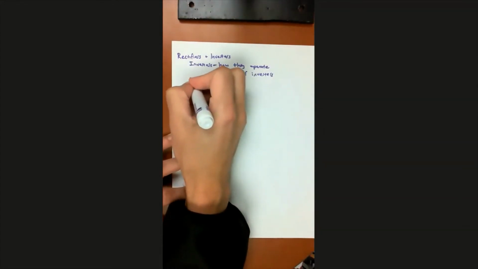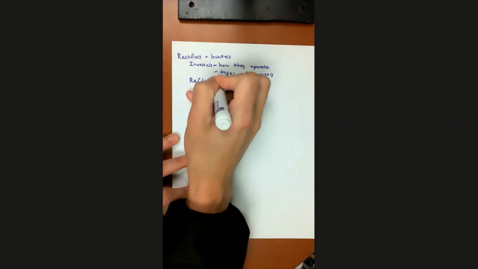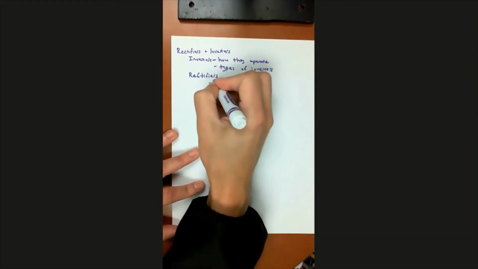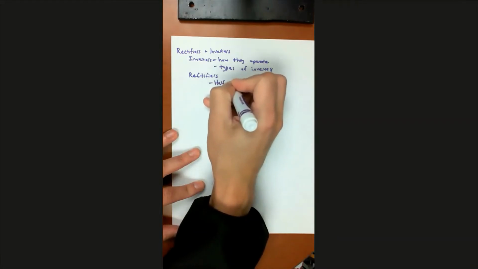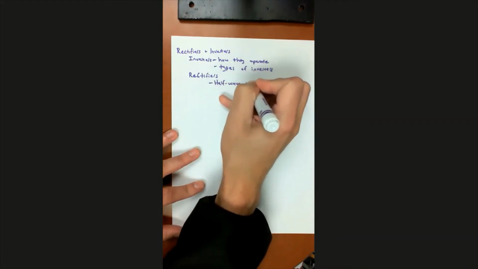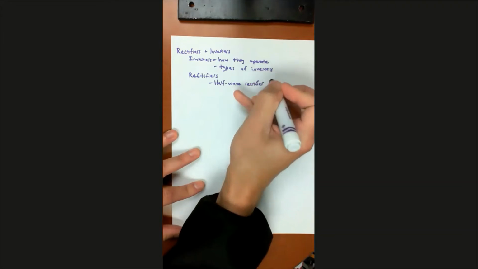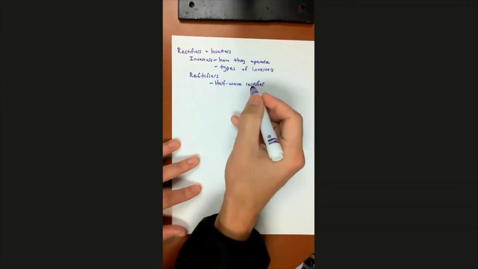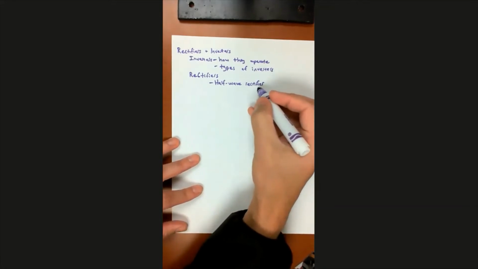And then we spent some time talking about rectifiers, and the lab was on rectifiers. And the first one that we talked about was the half-wave rectifier. This is the simplest one and probably the least useful, but it's important to understand this before we go on to the more complicated ones.